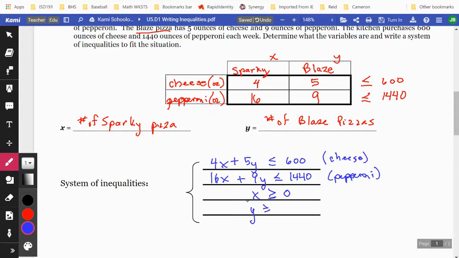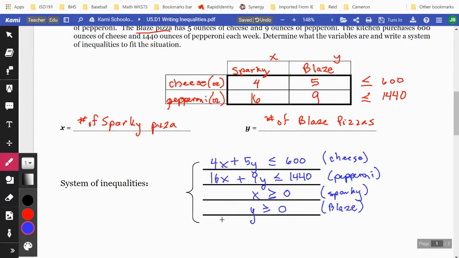And then the same thing for Y. Y also has to be greater than or equal to 0. So there's our limit or our constraint on the Sparky pizzas and the Blaze pizzas. And that makes our system of inequalities.